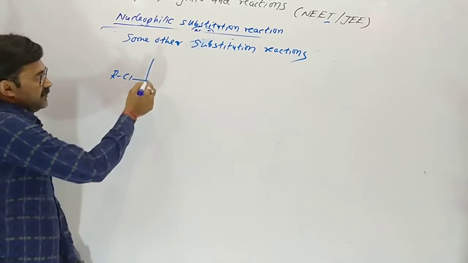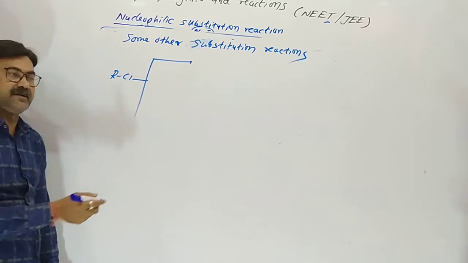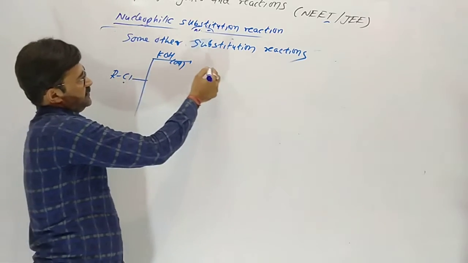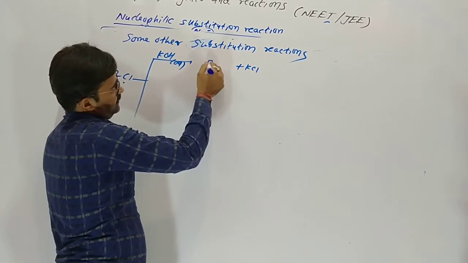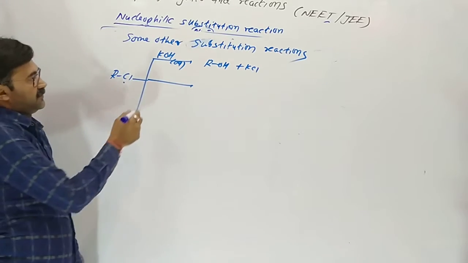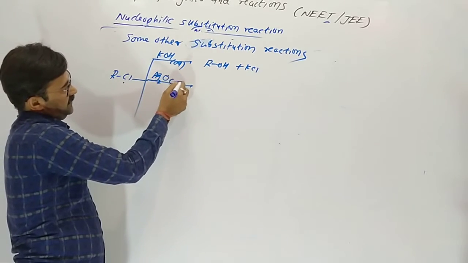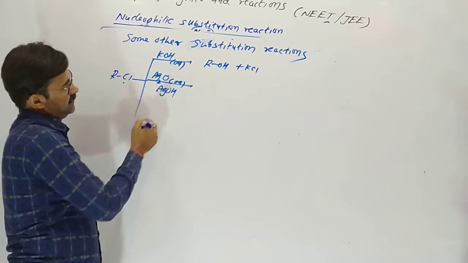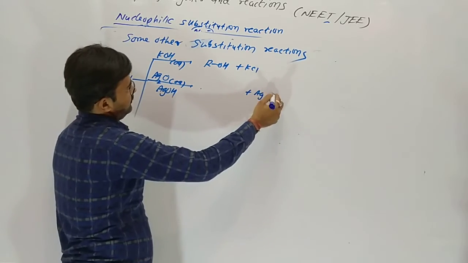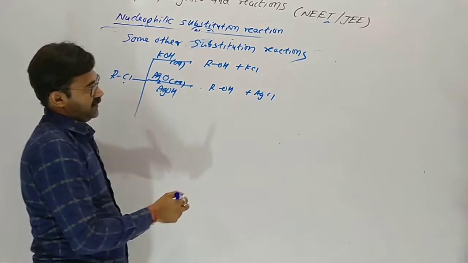Chloroalkane, when we take, is reacting with aqueous KOH. So K with Cl removes KCl and gives ROH, alcohol. Now reaction with silver oxide, aqueous, otherwise silver hydroxide. So chlorine removes with Ag and gives alcohol also.